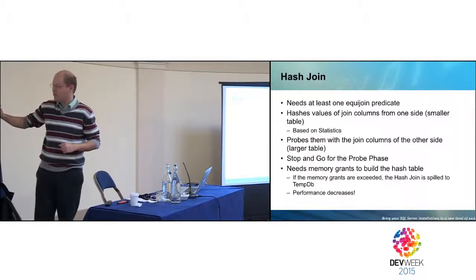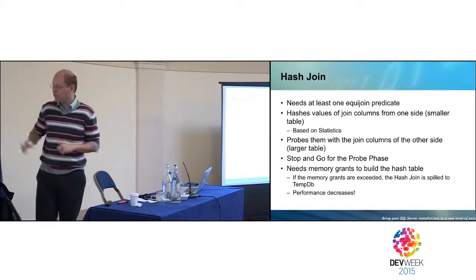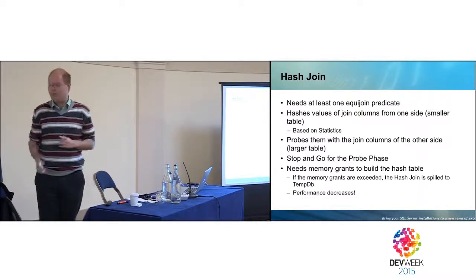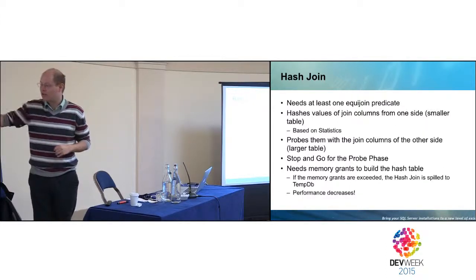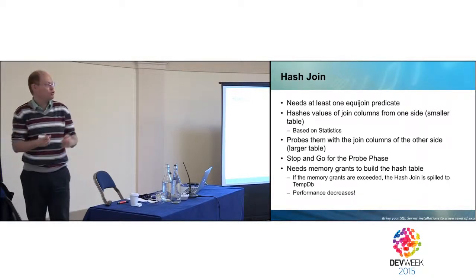In the build phase, SQL Server takes the outer table, again the smallest table based on our statistics, and creates a so-called hash table. And within that hash table, we have multiple hash buckets.